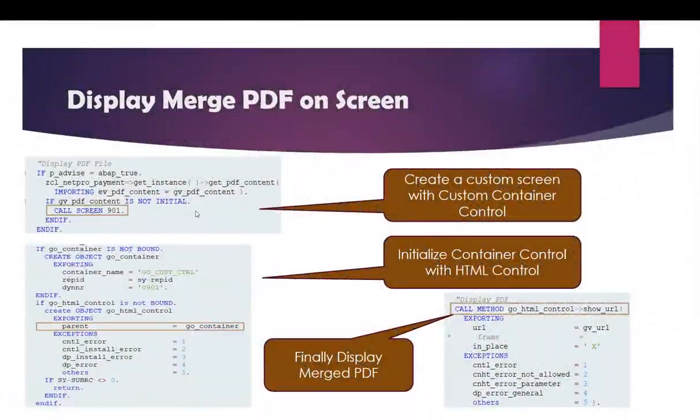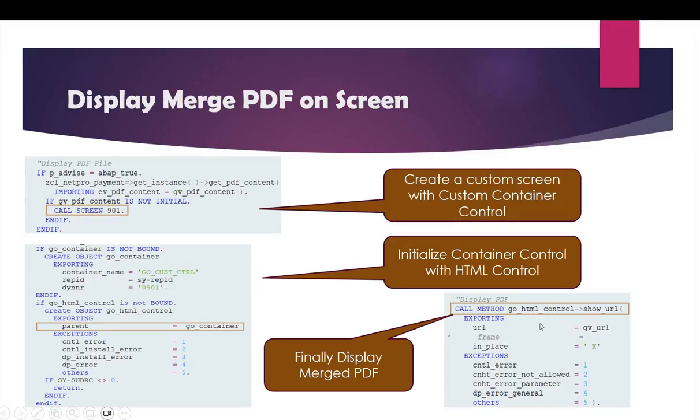The merged data is shown using a call screen that will have a custom controller on it. We initialize the custom controller and create an HTML viewer type control with the parent as the custom controller.